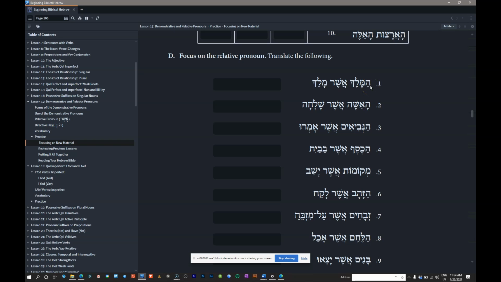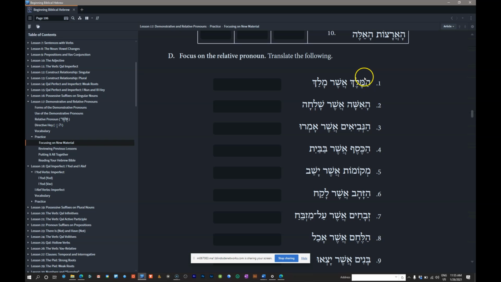Now, technically, because the relative pronoun in Hebrew does not change depending on the case, which is to say, it doesn't have a different form if it's representing the subject or the object, technically you could translate this as the king whom he ruled over or was king over. So that gives you a picture of one king being king over another king.